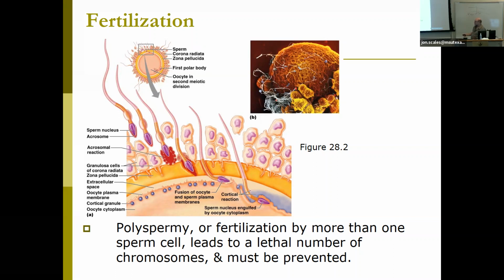If another sperm was right here, it kind of gets repelled. Then all of these little cortical granules will fuse with the membrane and release their contents, which are going to harden up into essentially another membrane outside the egg. That is known as the fertilization envelope, and it's impermeable by sperm.